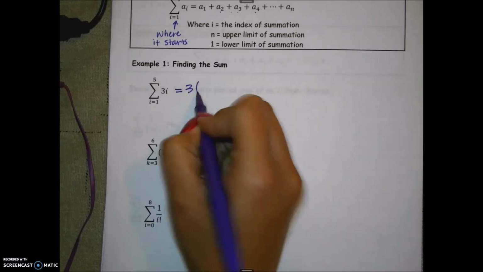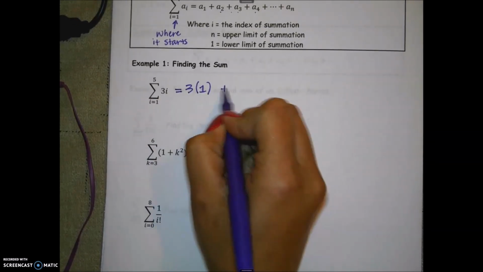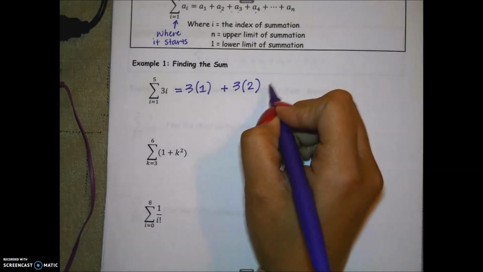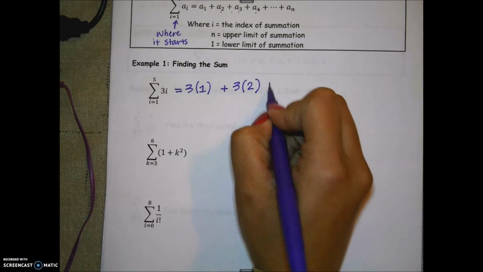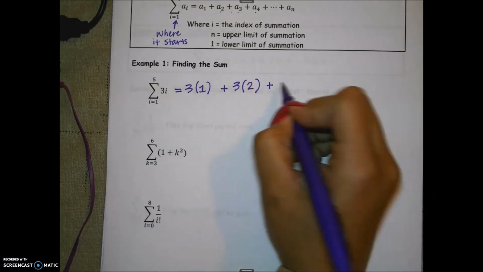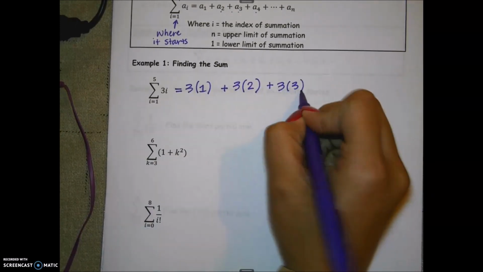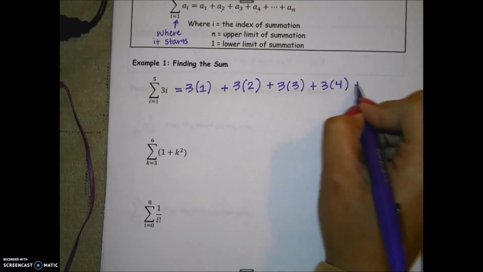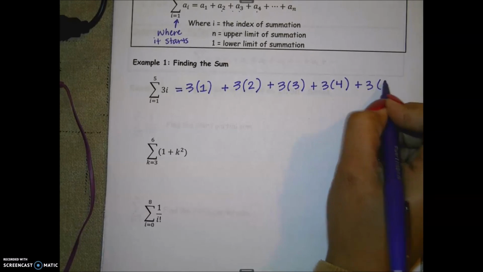So I'm going to take 3 times 1 plus 3 times 2, and I have to go all the way to my upper limit, which is 5. 3 times 3 plus 3 times 4 plus 3 times 5.